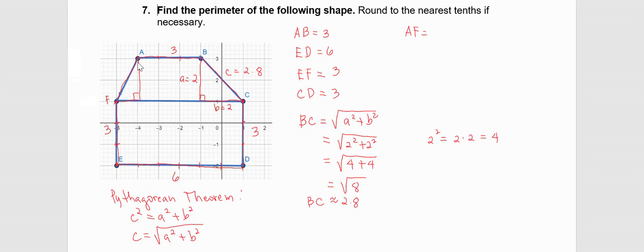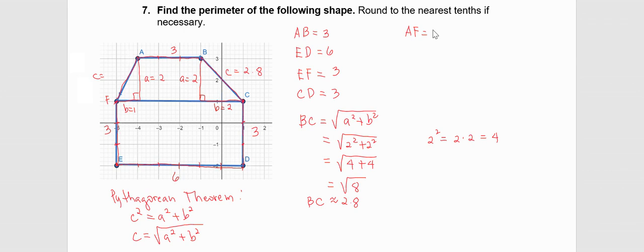From this given figure, our A is now equal to 2 units. Our B is only 1 unit. So we are solving for the length of line segment AF, which is our C in this triangle.